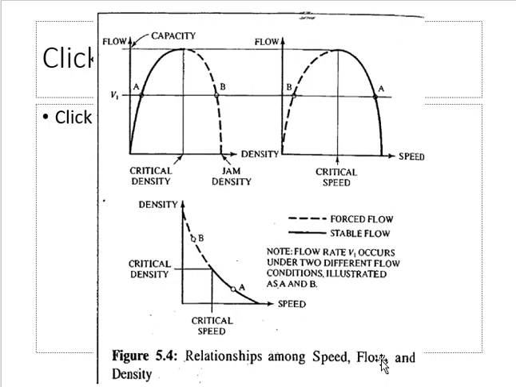So the flow will keep on increasing until it reaches what? Maximum. Maximum flow is called as what? Capacity. Maximum flow is capacity. And after capacity, what happens? If you still have more vehicles, it will start to have a queue and the flow will reduce. The flow will decrease. And obviously the speed is also decreasing. Even in a traffic jam, the speed is going down. The speed doesn't go back. Clear or not?